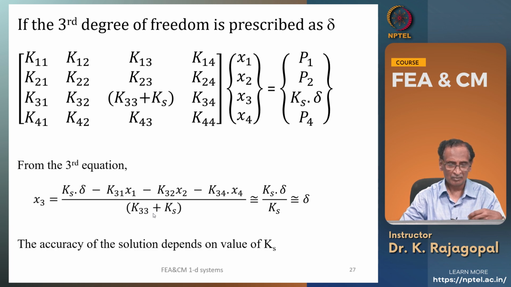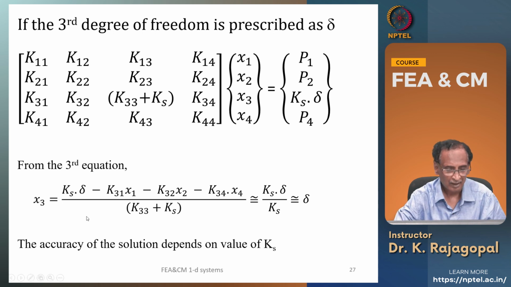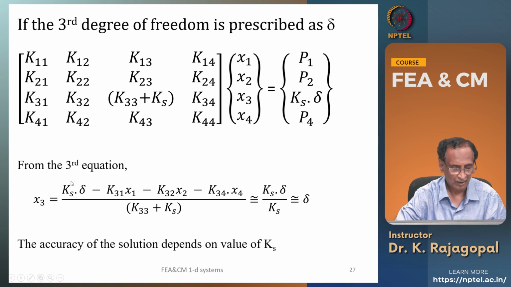Okay. And the accuracy of this solution depends very much on Ks, and ideally Ks should be infinite, so that at the end of this solution this Ks in the numerator and denominator cancel out, and all other quantities are very small, because this is infinite times delta, a very large quantity.